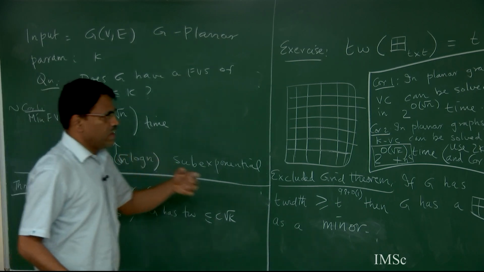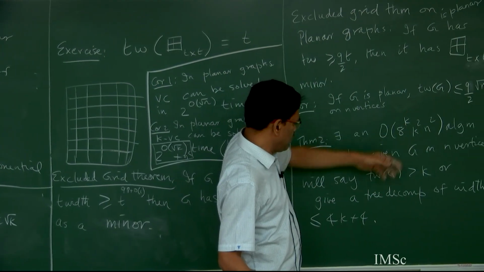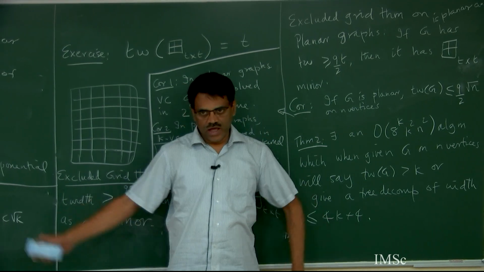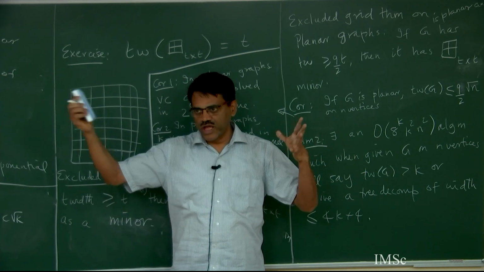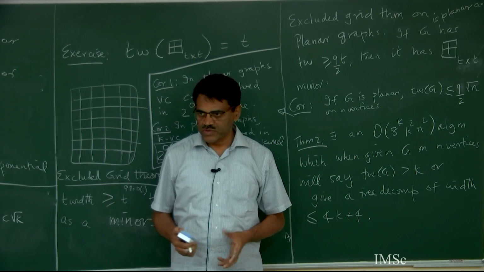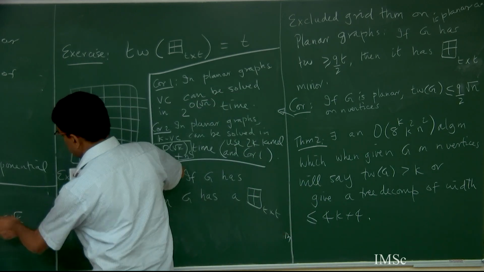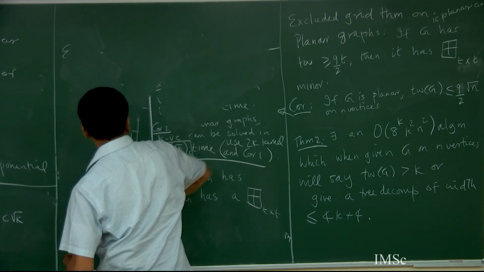Otherwise, in 8 power square root of c root k time, it will give me a tree decomposition of width order root k. I apply my dynamic programming algorithm, root k power root k, which is like 2 power root k log k, and get a sub-exponential algorithm. So let me write that down, and then we'll come back and prove this.